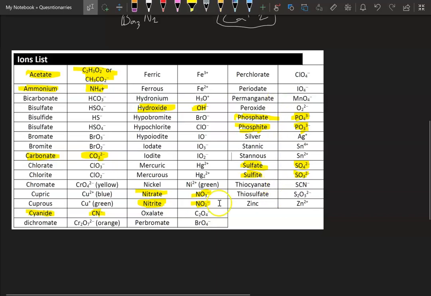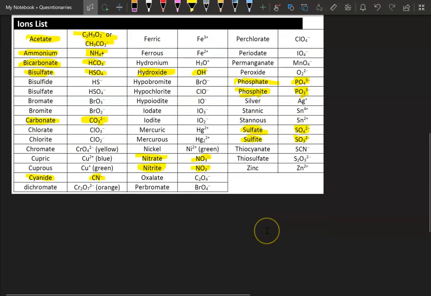All the other ones that you see here are not necessarily something that you're going to use often, if ever, but they are still something that you need to take note of. But again, for the first exam, everything highlighted in the yellow color is something that you need to make sure you have.